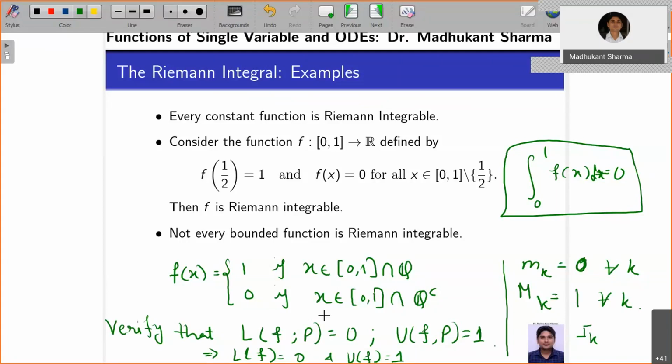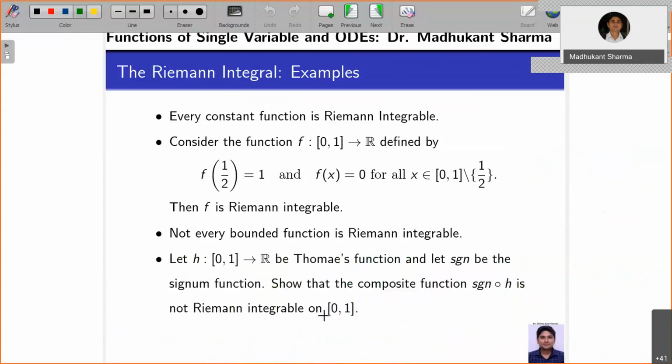Okay. Now one more result: you have the Thomae function and you have the signum function. The composition of two Riemann integrable functions is... let's recall the Thomae function. What is the Thomae function?